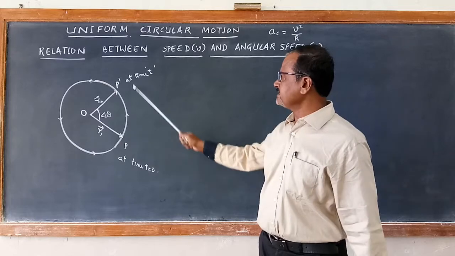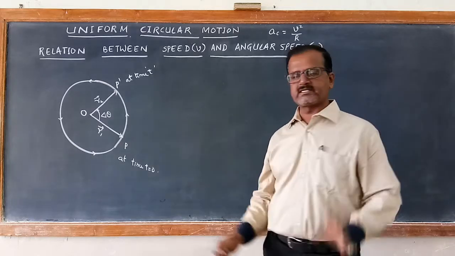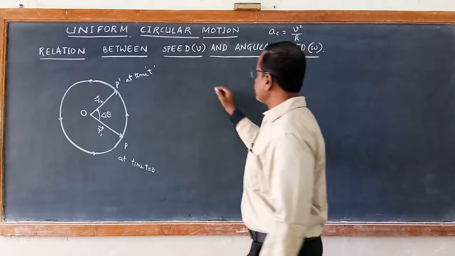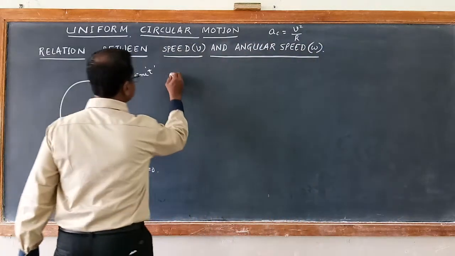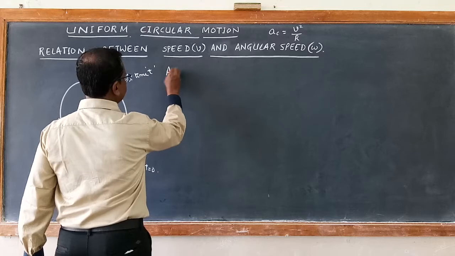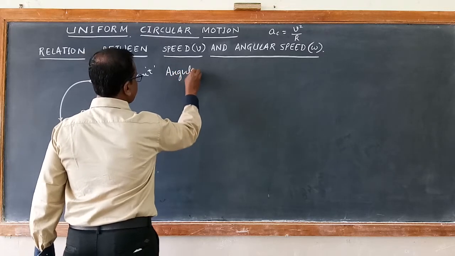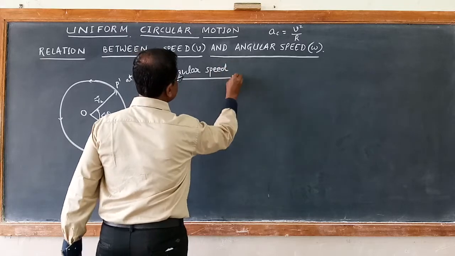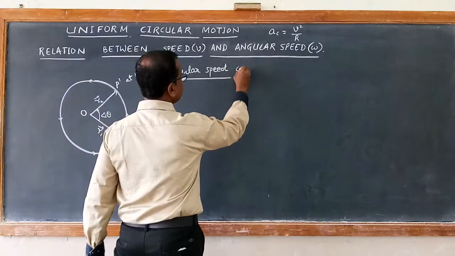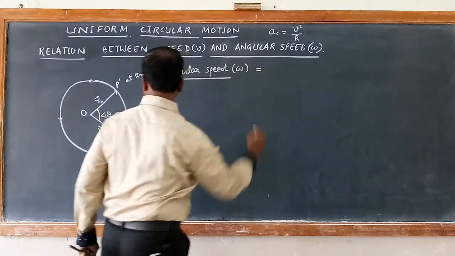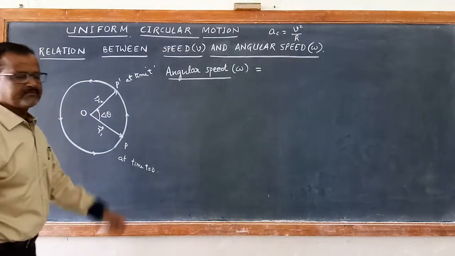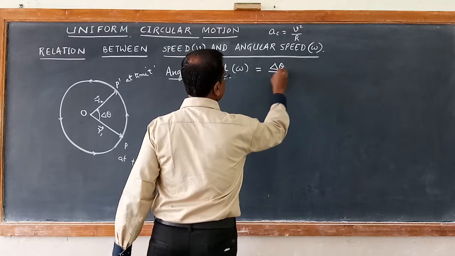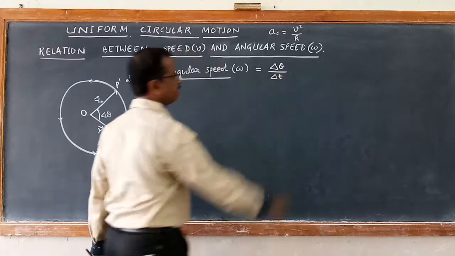Here, the time taken is from 0 to t. Let us take the time interval as delta t. Angular speed is denoted by omega. We define angular speed, denoted by omega, as the angle covered divided by the time taken for that angle. Angle covered is delta theta and time taken is delta t.